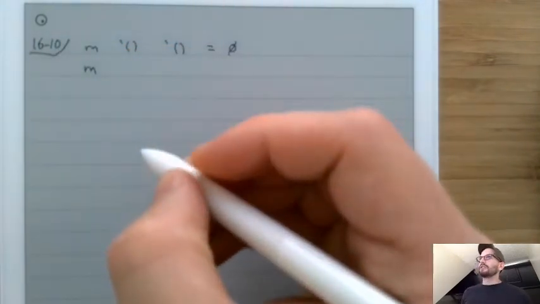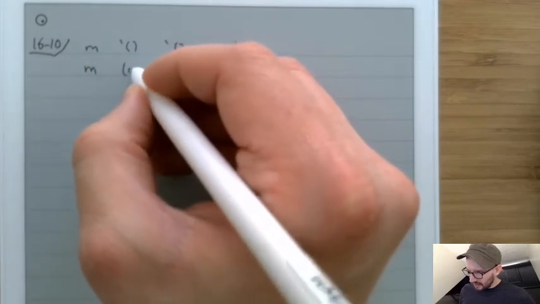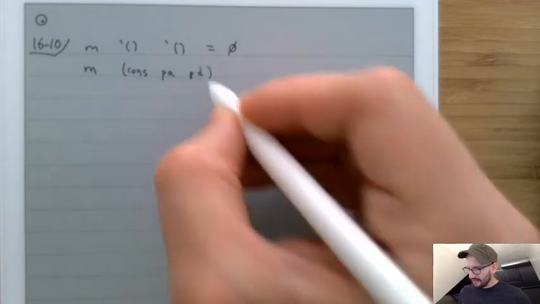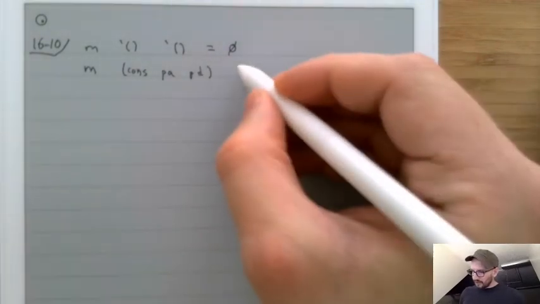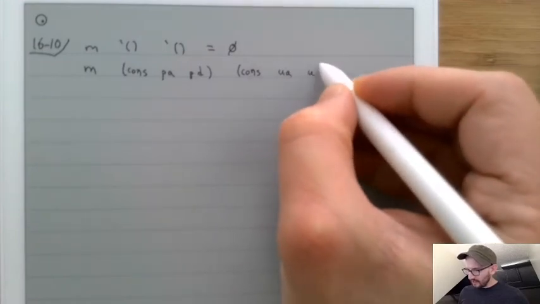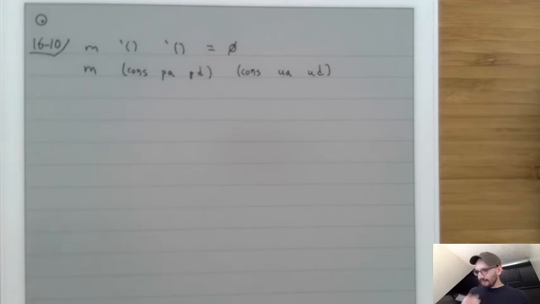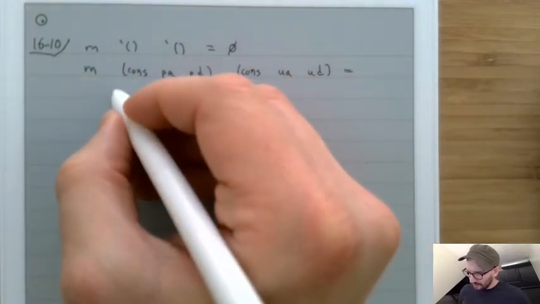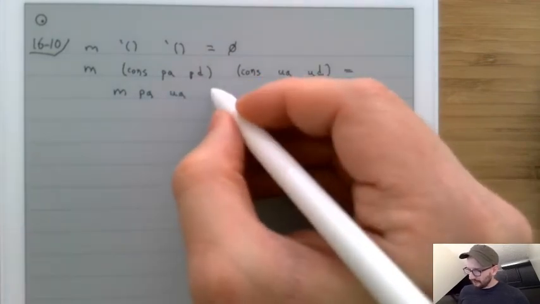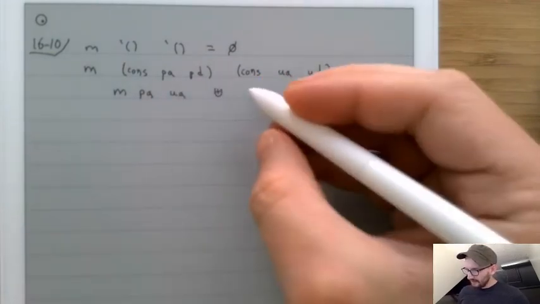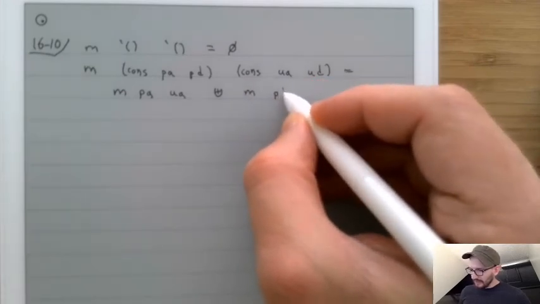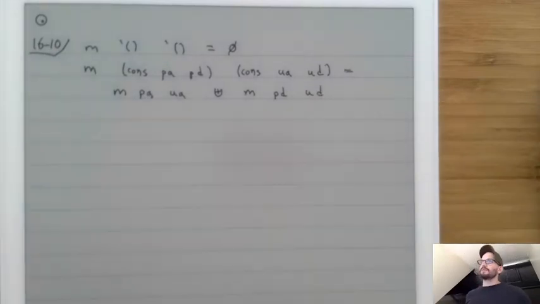If you call match and you gave it a cons of a pattern A and a pattern D, so this means a list, and there was also a cons of a use A and a use D, then this is going to be equal to calling match on the left side of the pattern and the left side of the use, and then merging that with calling match on the right side of the pattern and the right side of the use.